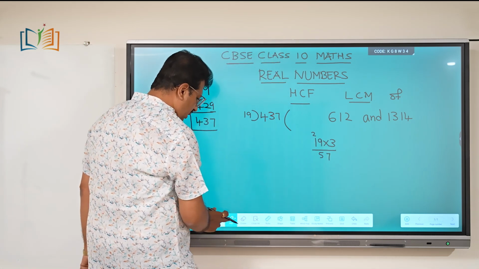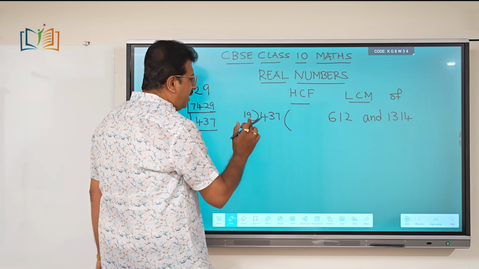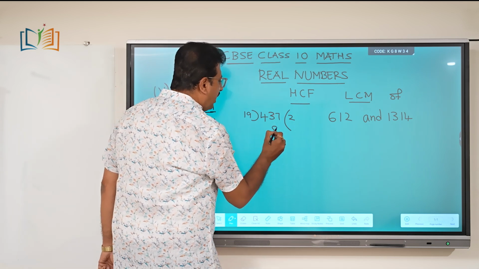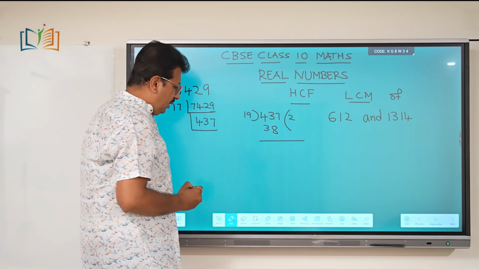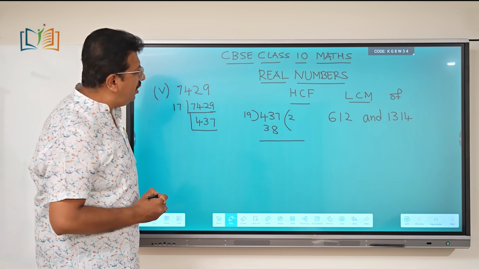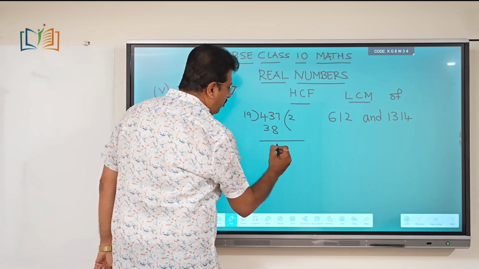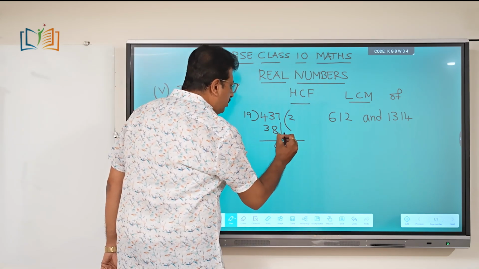So 57 is definitely quite a big number. So you better take 19 twos are: 2 nines are 18 and it is nothing but 38. So 43 minus 38 is nothing but 5. And 7 will come down.